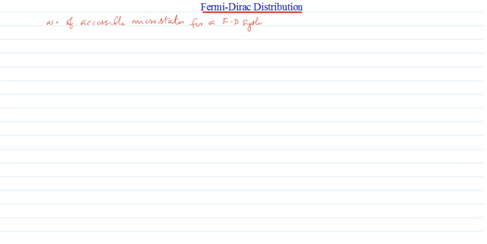The number of accessible microstates for a Fermi-Dirac system, or we can call it an ideal Fermi system, is given by what we derived earlier: W for Fermi-Dirac corresponding to the distribution set Ni. These were the notations that we used.